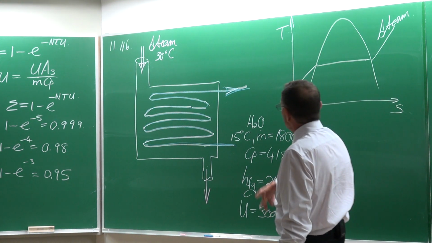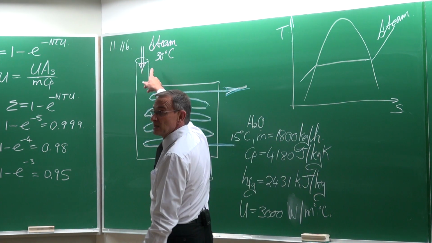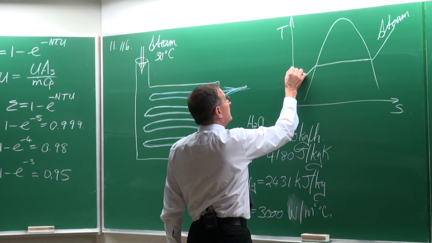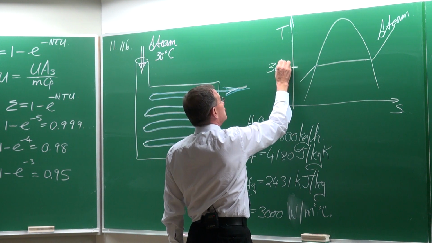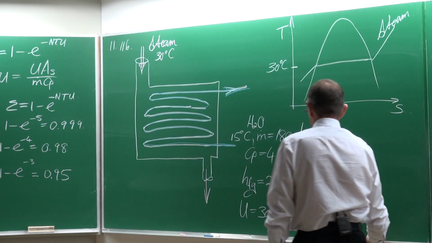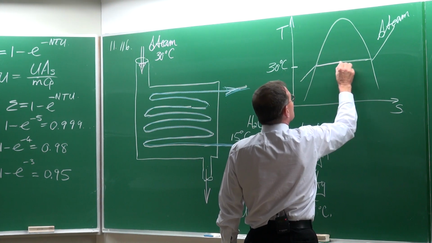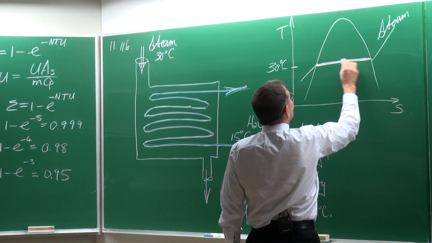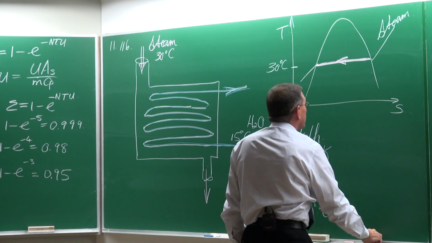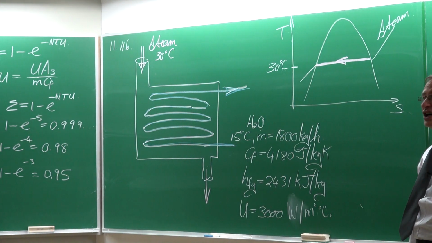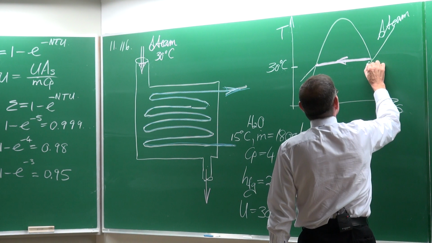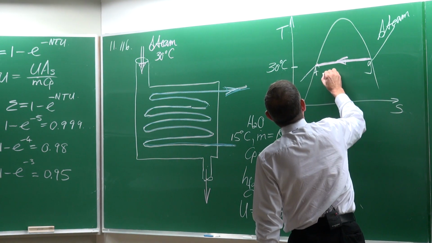If they tell us it is condensing at 30 degrees Celsius, the condensing temperature is that temperature there. Condensation would mean we've got a phase change from a gas to a fluid.